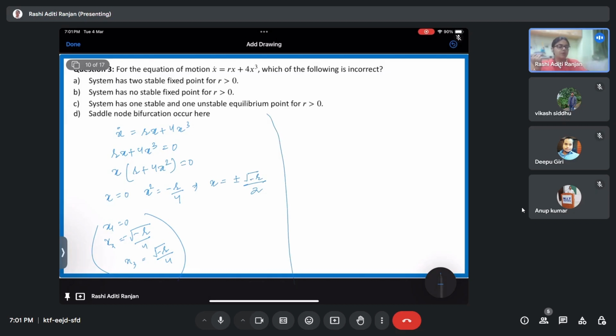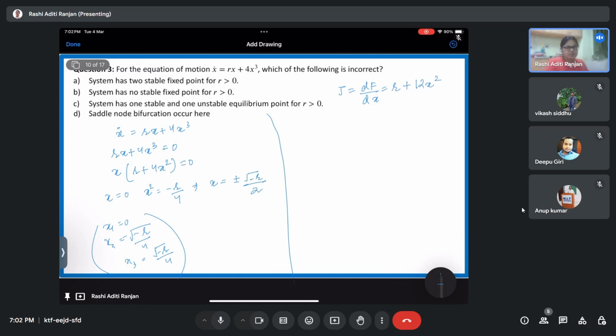So we'll switch to the Jacobian, which is nothing but r plus 12x squared. Correct?